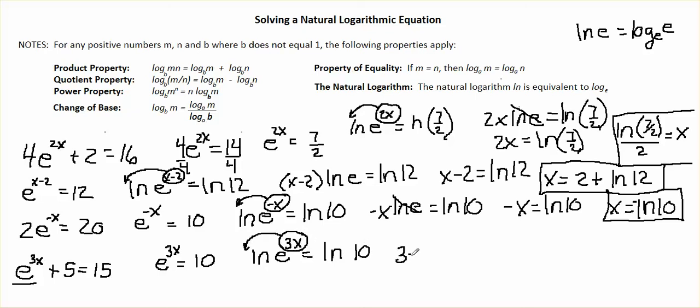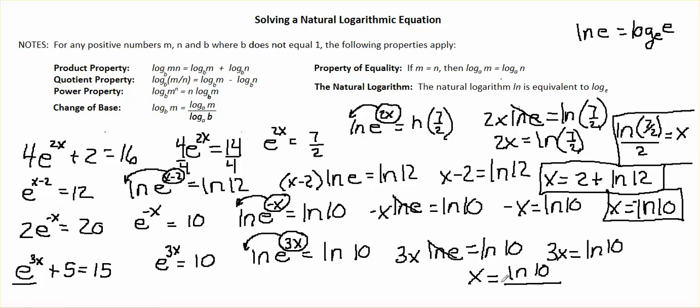We have 3x times the natural log of e equals the natural log of 10. That cancels, and we have 3x equals the natural log of 10. And our final answer is going to be the natural log of 10 all over, not just the 10, but the whole natural log of 10, divided by 3. And that is our final answer.